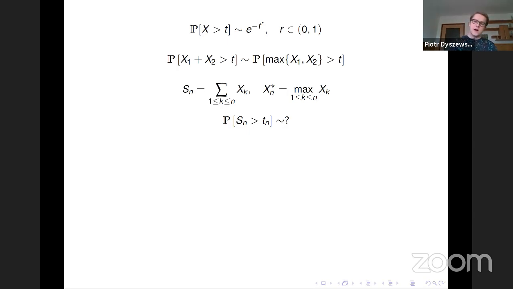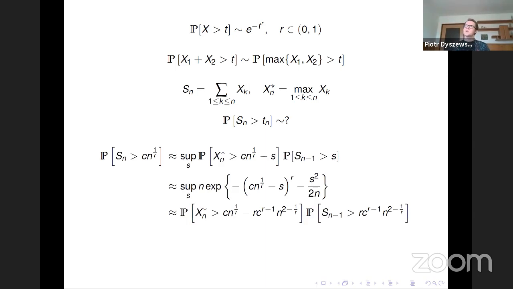And as it will turn out in the future, we don't need the full scope of Tn. It will be sufficient for our needs to take T of the form C times n to the power 1 over r, right? So we want to somehow exploit this principle of one big jump.